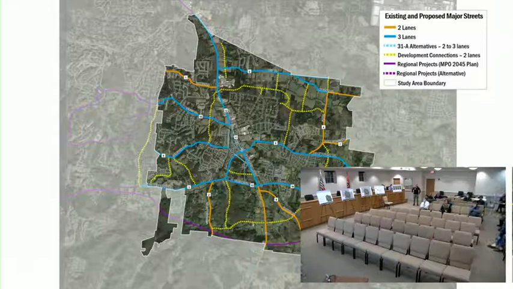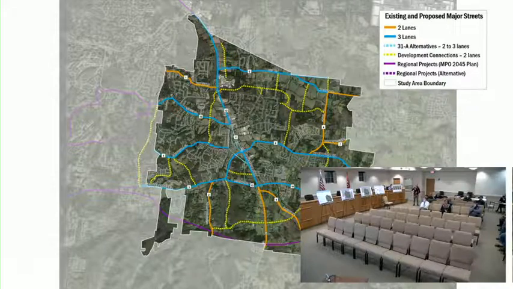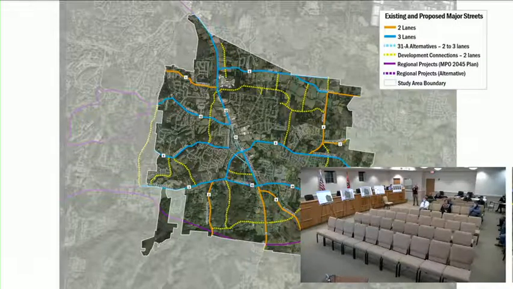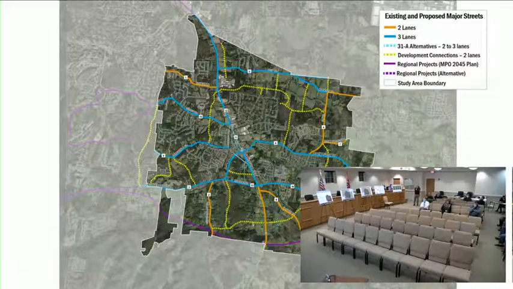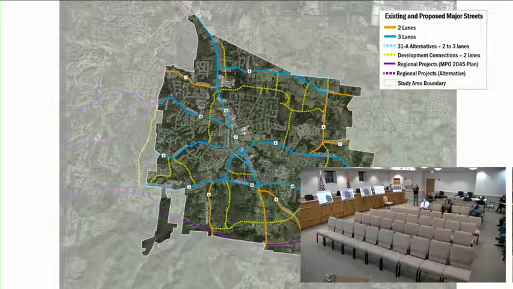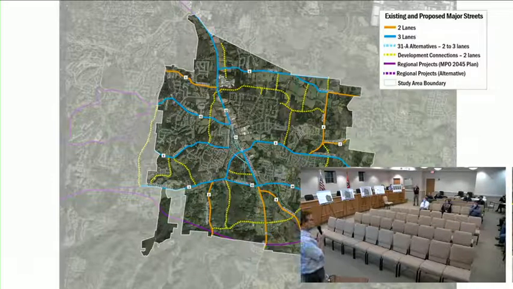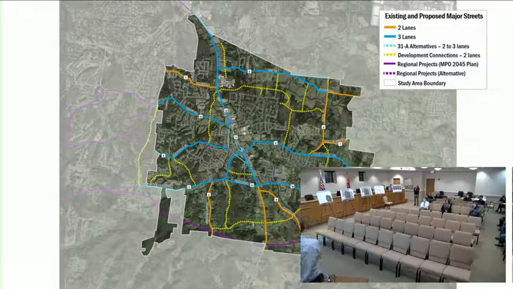So you'll see in the legend, most of the options are either 3 lanes or 2-lane improvement, which is the orange. So that'd be like maybe widening lanes or shoulders, improving those, making some safety improvements.